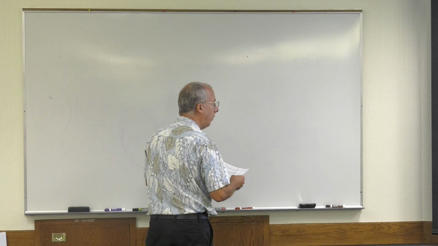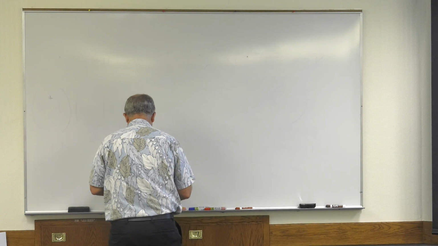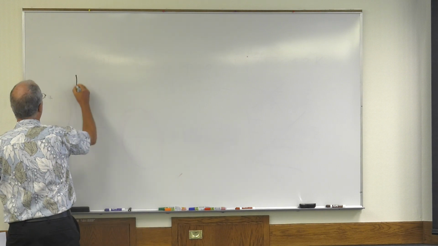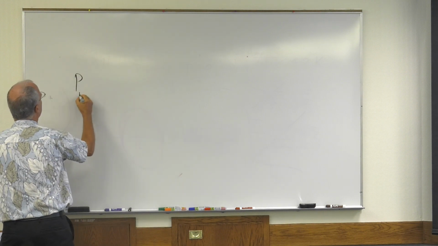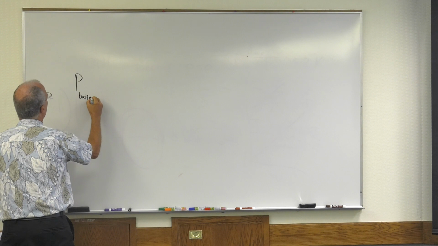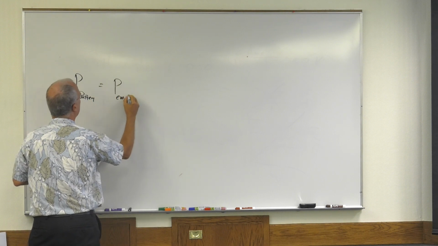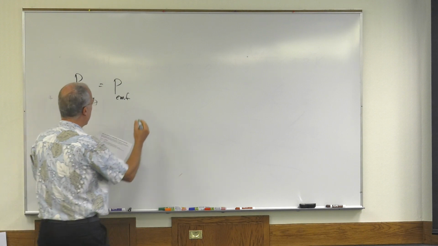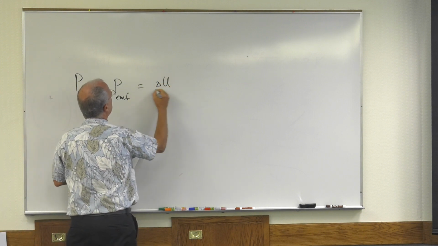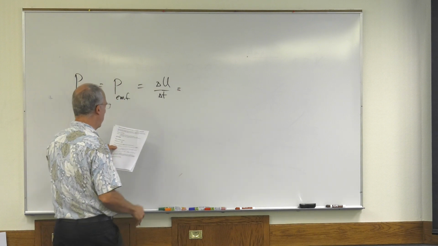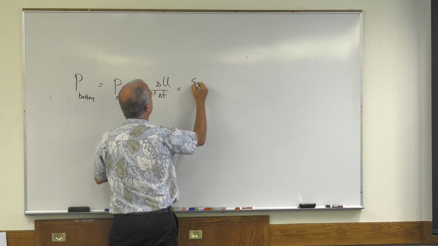Okay, so let's just use the definition. We're talking about the power of the battery. I think on the next slide I call it the power of the EMF. Same thing, right? So again, power is the change in potential energy over the change in time. By using an equation we had a while ago when you learned about potential, that's equal to the EMF.